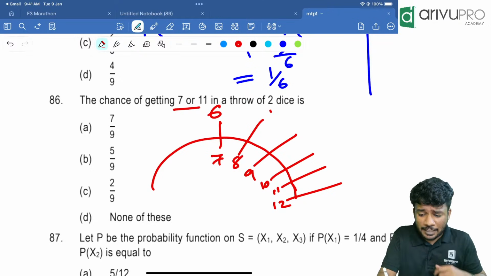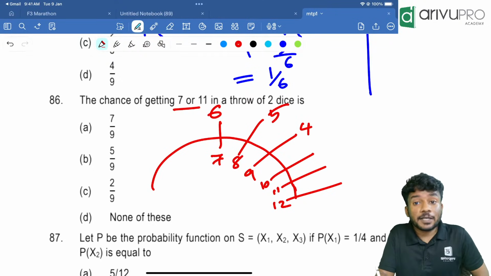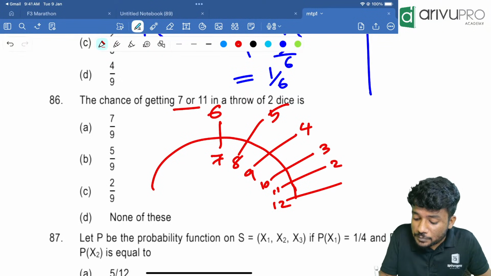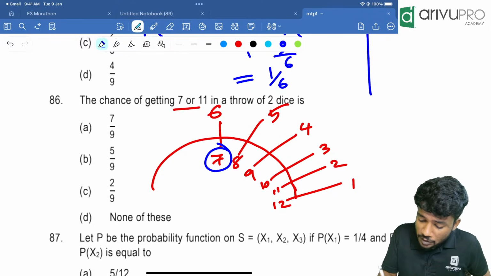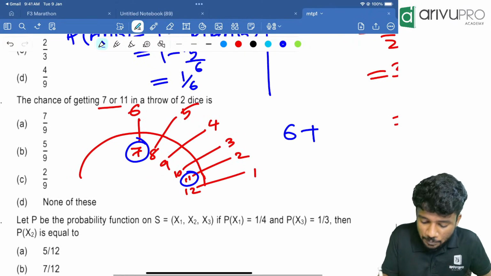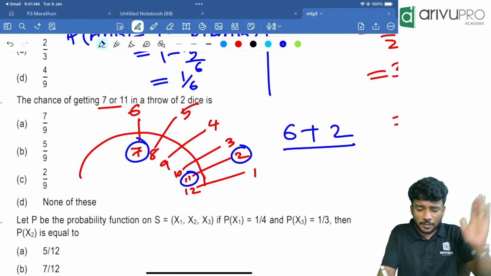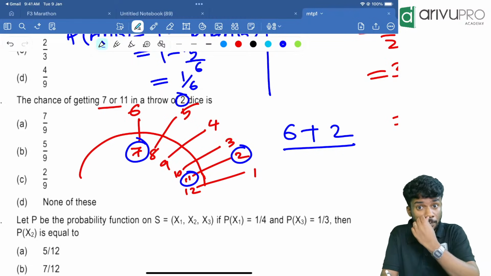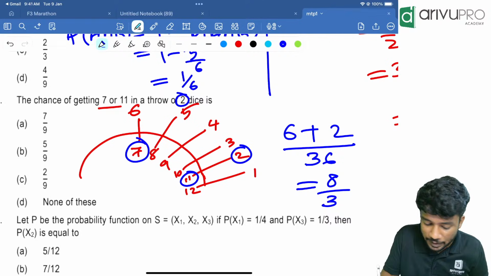Now 8 is happening 5 times, 9 is happening 4 times, then 10 is happening 3 times, 2, 1. Now the question is, they are asking for 7 or 11. 7 happens 6 times, plus 11 happens 2 times, divided by the total number. 2 dice are thrown, means 6 square, 36. Answer is 8 by 36.